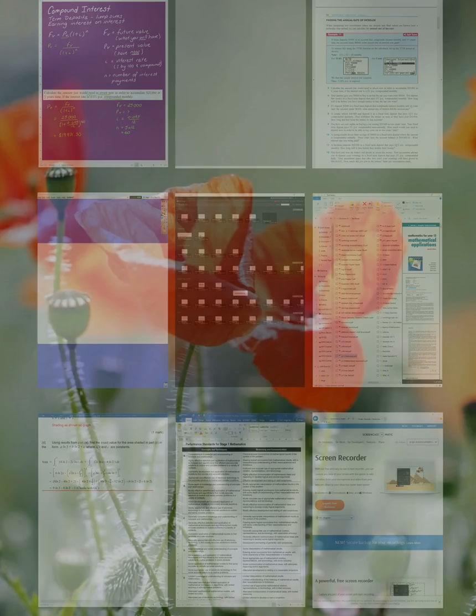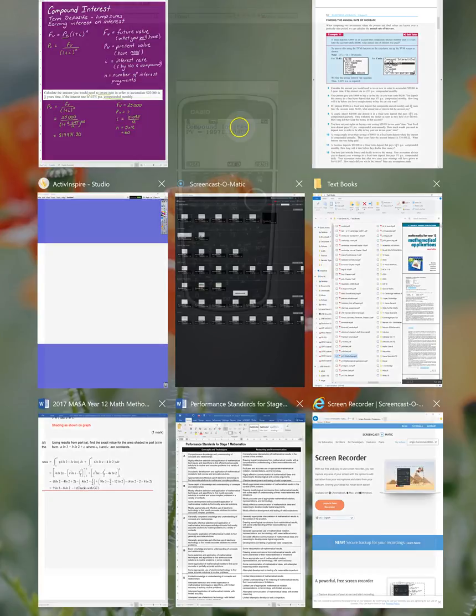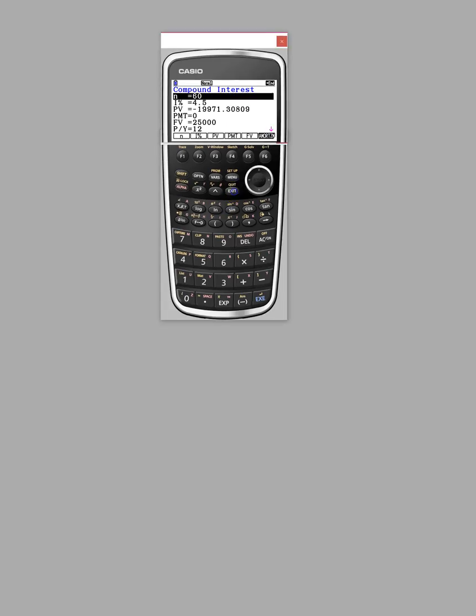So I hope you can now check that if we had other information, so if I had N, if I had the future value, and I knew, let's go, okay, instead of starting with 19,971, what if I started with 18,000? This now becomes a question where I say, well, how long will it take for me, if I started with 18,000, I wanted to get 25,000, and this was the bank I had that offered 4.5%.